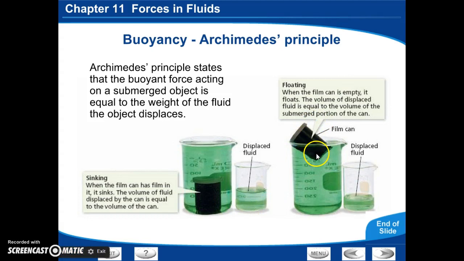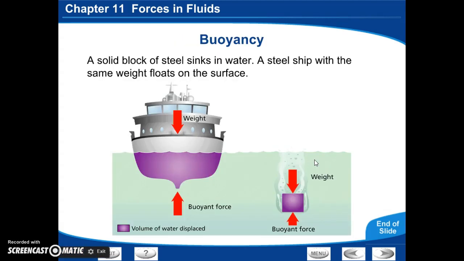When it's only partially submerged, it's only going to push out water equal to the submerged part of the canister. So if we find the weight of that displaced fluid, we'll know the buoyant force working on this item.